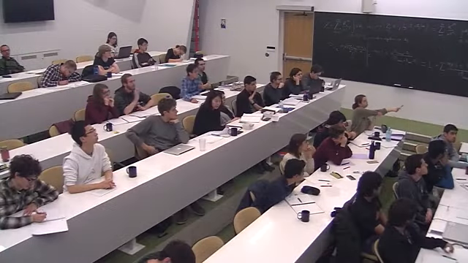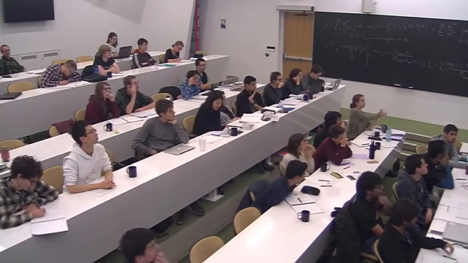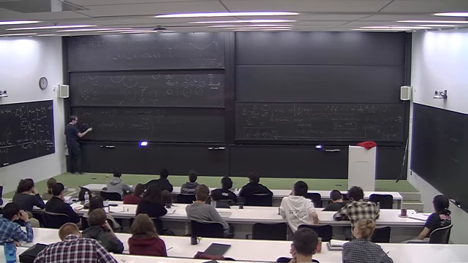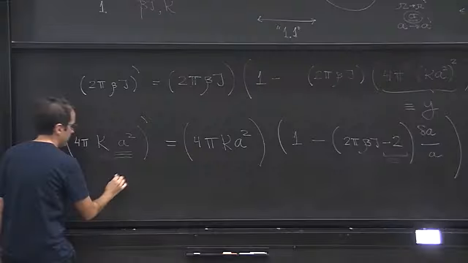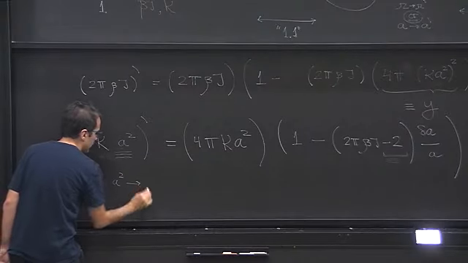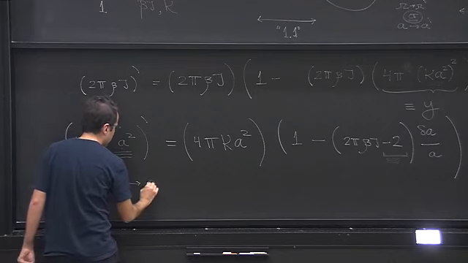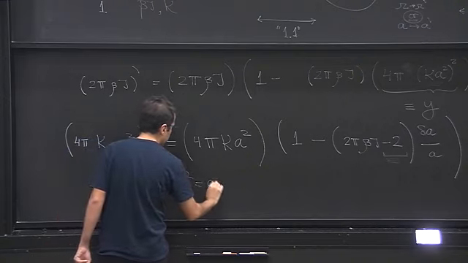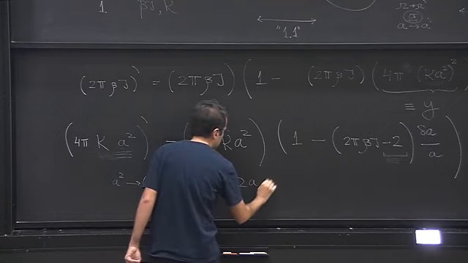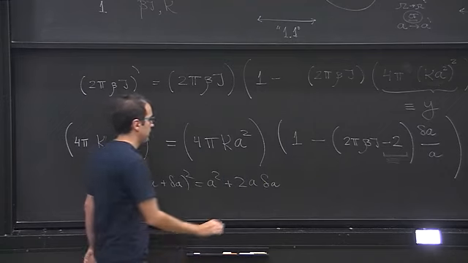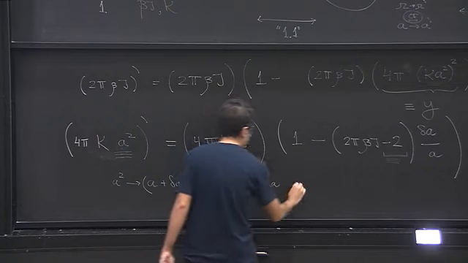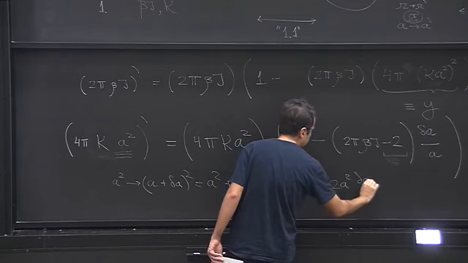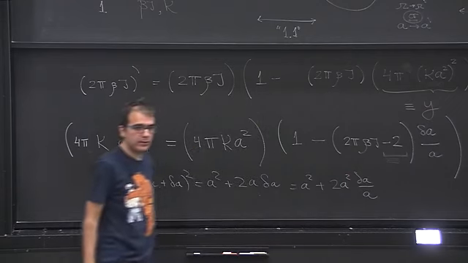So I'm saying that under a dilatation, a square changes to a plus delta a squared, which is a square plus 2a delta a, which is a square plus 2 a square delta a over a.